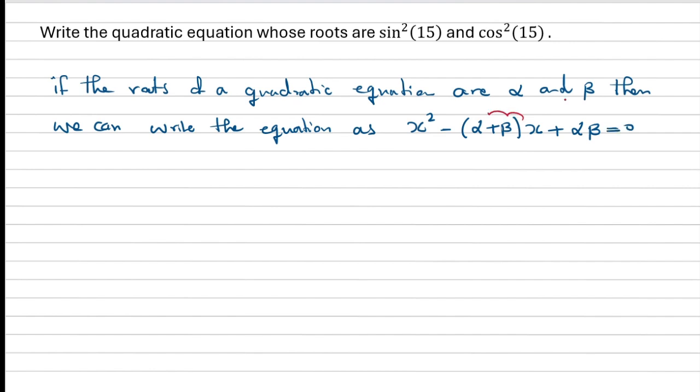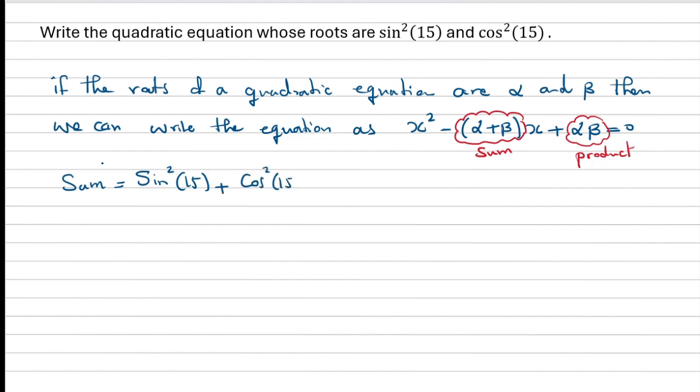So this is the sum of the roots and this is the product of the roots. Now the sum of the roots is going to be sine squared of 15 plus cos squared of 15, and we know that the answer to this is going to be 1.